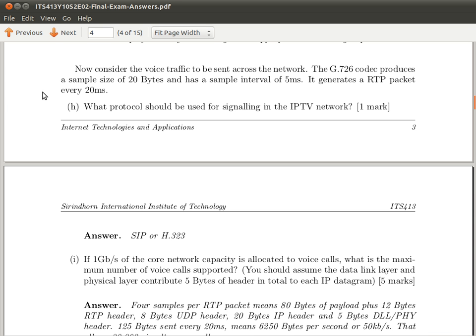So in 1 second I'd record how many samples? 200? With a sample every 5 milliseconds, there would be 200 per second. Every sample takes up 20 bytes.